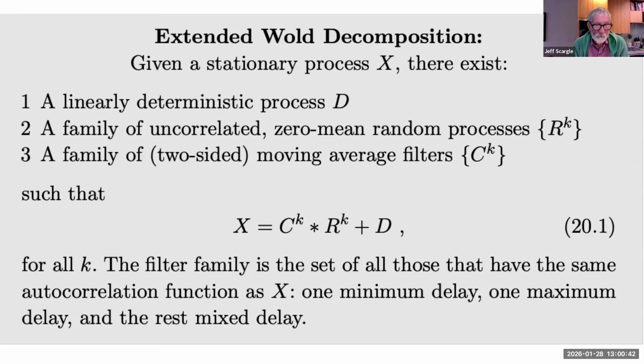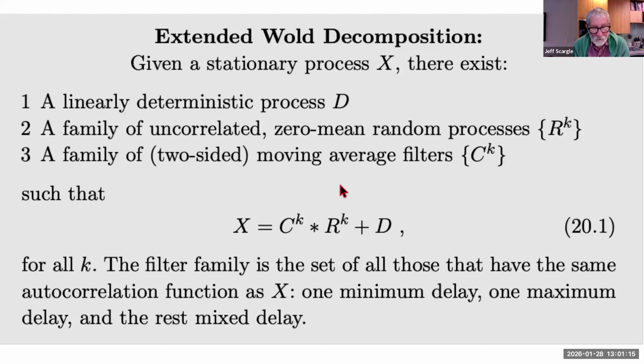And basically, you just realize this degeneracy in the second order statistics, so to speak, and you say there's a whole family of moving average representations, not just one. And the index K here, sorry for the bad notation, represents the members of this family of moving average processes.